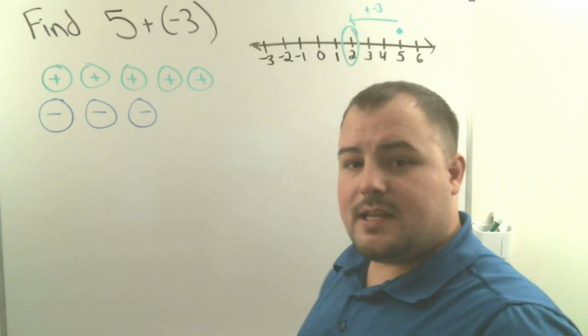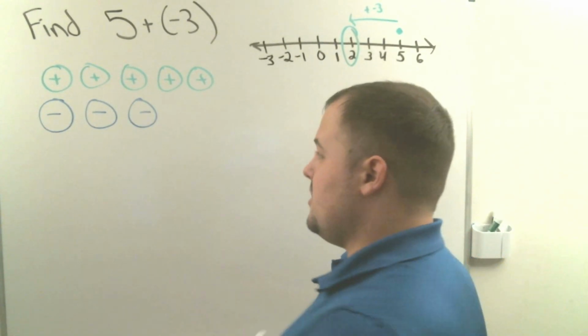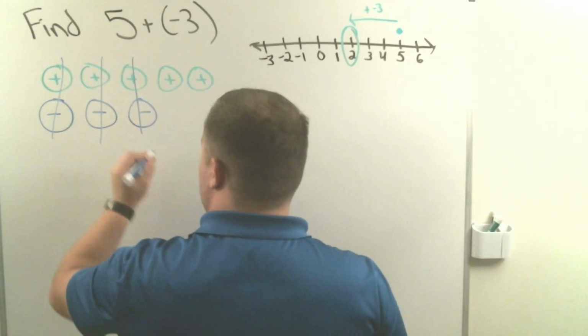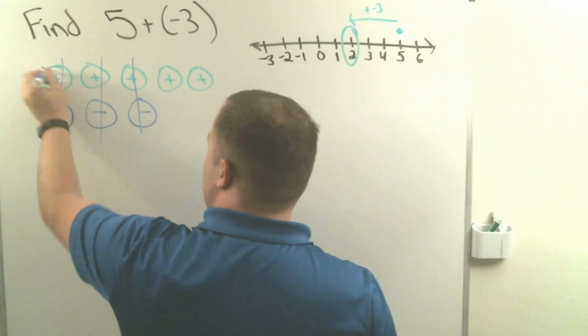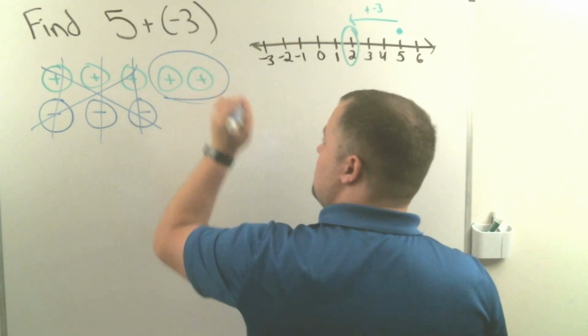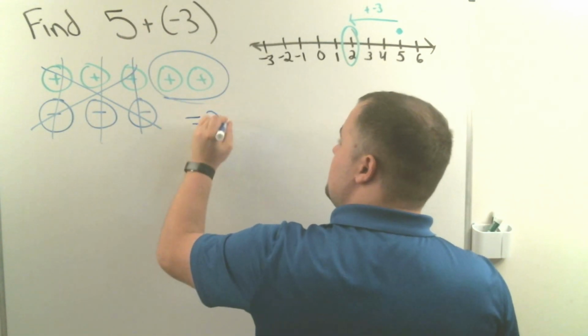And we're going to put these together. Anytime we have a positive and negative, they'll cancel each other out. So, positive and negative, positive and negative, positive and negative. So these guys are now gone. But we still have 2 left. So 5 plus negative 3 is equal to 2.